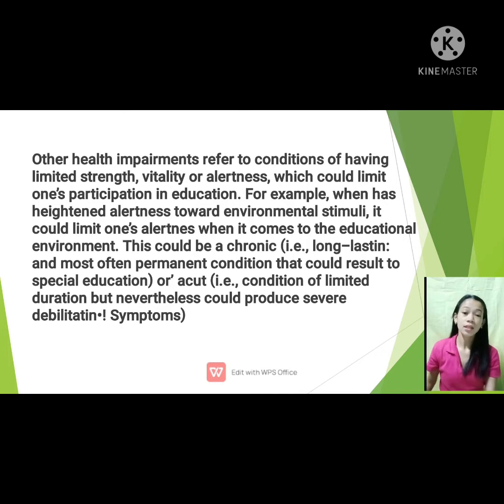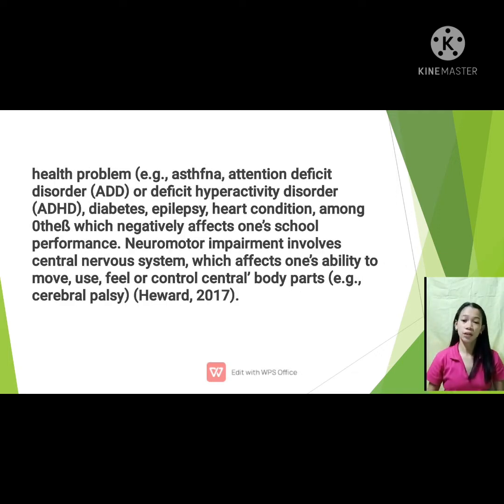These health impairments can limit learners from participating well in class. Examples are asthma, attention deficit disorder or ADD, attention deficit hyperactivity disorder or ADHD, diabetes, epilepsy, and heart conditions, among others, which negatively affect one's school performance.